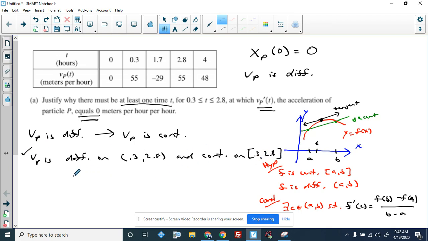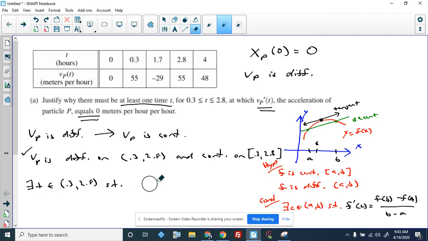So if that's the case, then you should be able to state the conclusion. And the conclusion is, therefore, instead of calling it c, since they're asking us to call it t, there exists a t in this open interval such that the derivative at this t value is equal to, now I did f, I shouldn't be doing f. I'm a chucklehead.